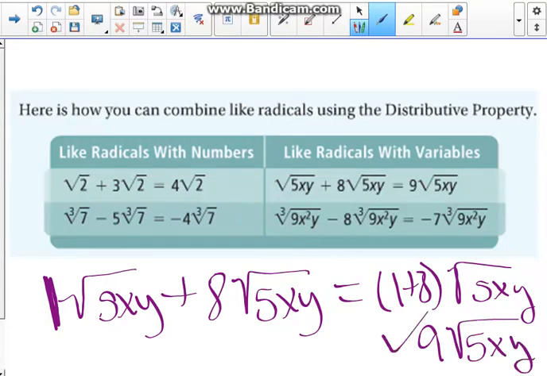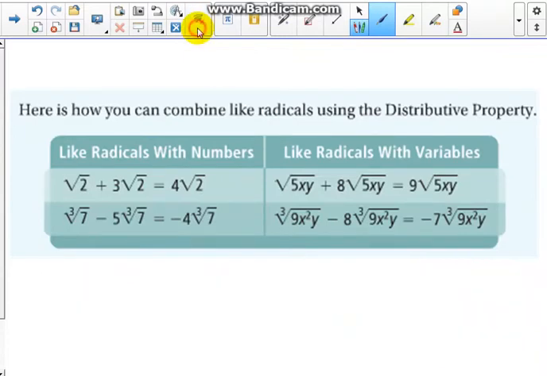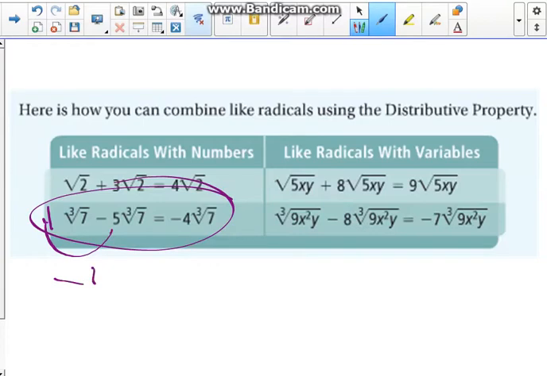So these are like radicals when they have the same index and the same radicand. Then with subtraction, you can work it the same way. For example, in this one we're going to have 1 minus 5, which is negative 4 cubic root of 7. So that is working with addition and subtraction of like radicals.